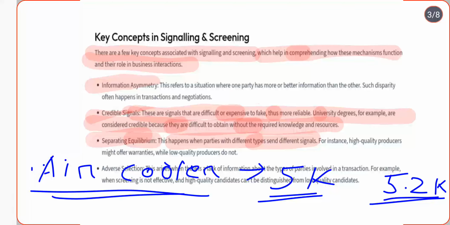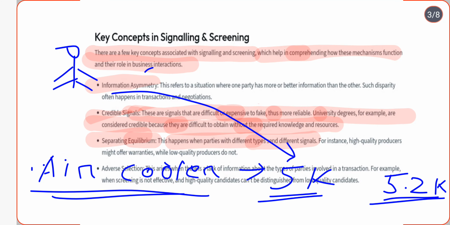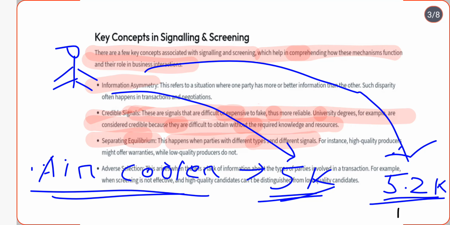Suppose I want to buy an air cooler, and I went to the market. The seller presented me 2 air coolers. One is 5,000 and another one is 5.2 thousand. The 5.2 thousand one is offering me a 1 year warranty, and the other is not giving me any warranty, right?